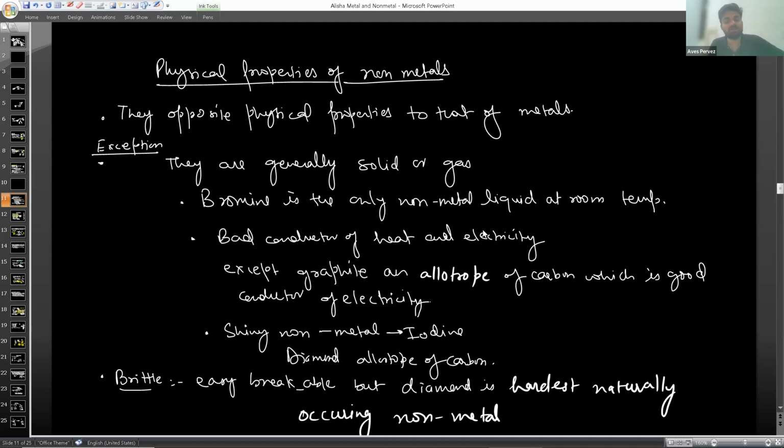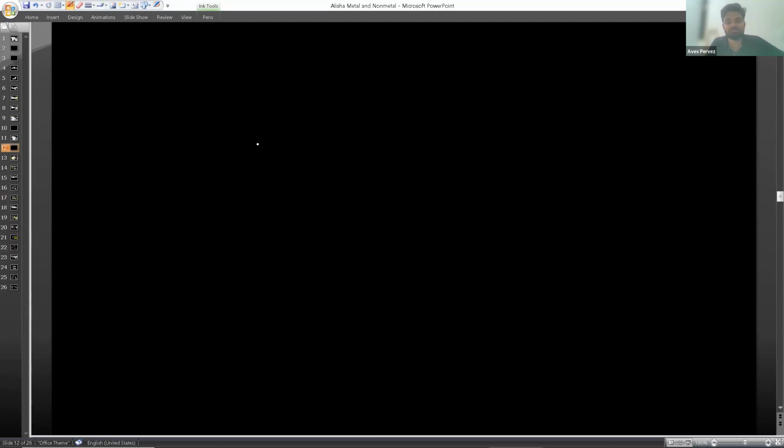Non-metals are generally bad conductors of heat and electricity, except graphite, which is an allotrope of carbon. Let me explain allotropes: they differ due to different arrangements.